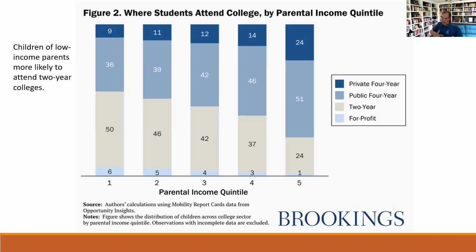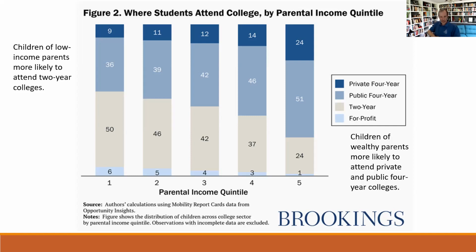And think back to earlier slides, the returns to 4-year degrees are better than 2-year degrees or some college. Children of wealthy parents are more likely to attend private and public 4-year colleges compared to lower incomes. So children who come from wealthy households are more likely to go to college.